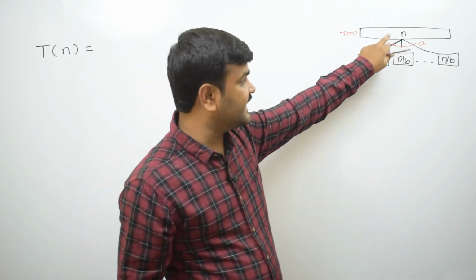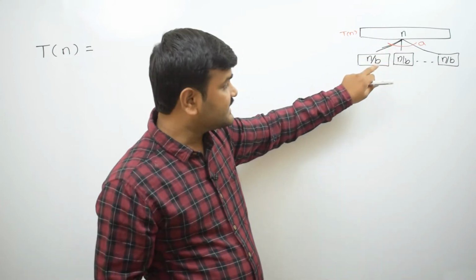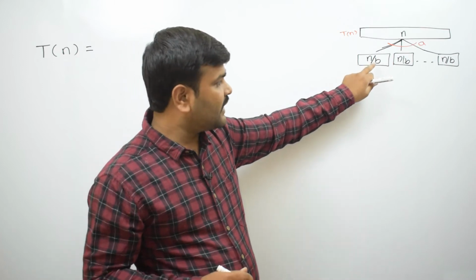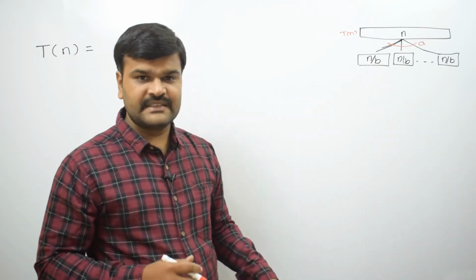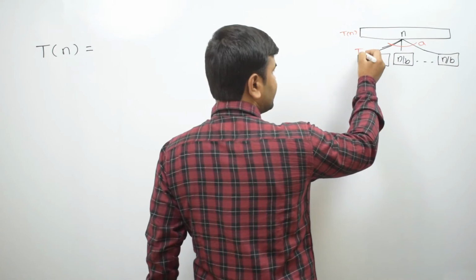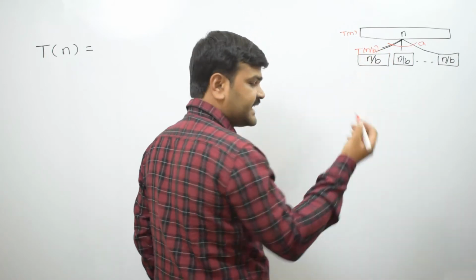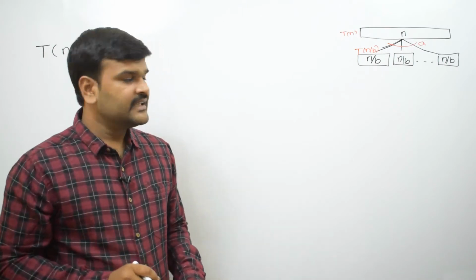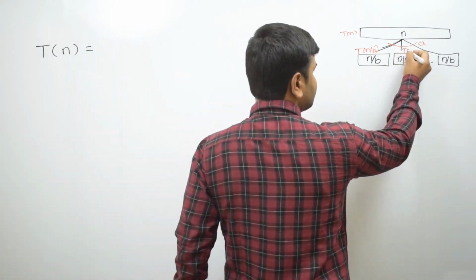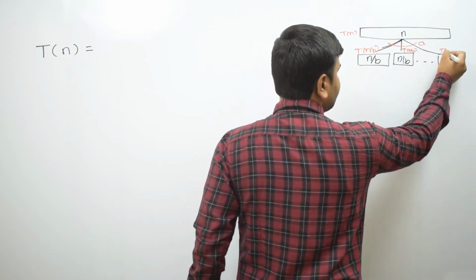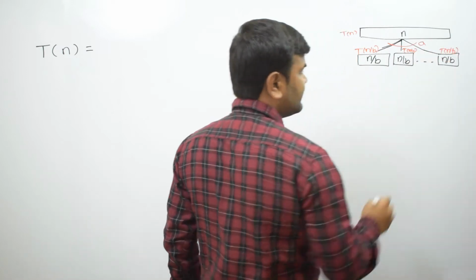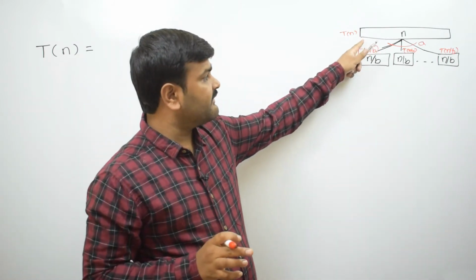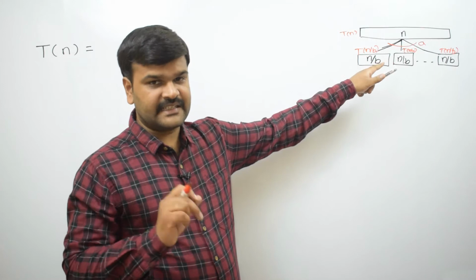The input size here is n by b, so the time complexity becomes T of n by b. The function is the same but the input size is varying. That is what we have to understand. So this is T of n by b, this is also T of n by b. Try to understand clearly: the main problem's given input size is n.